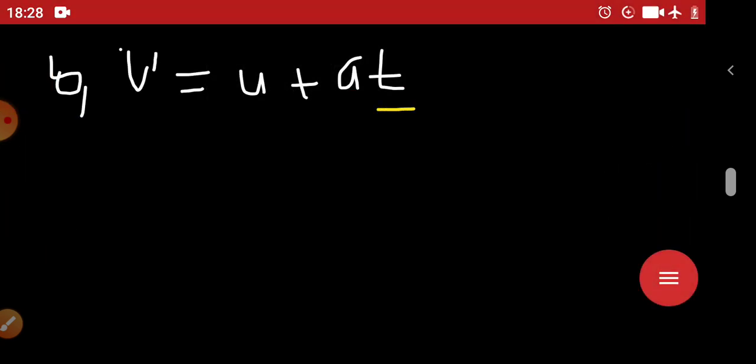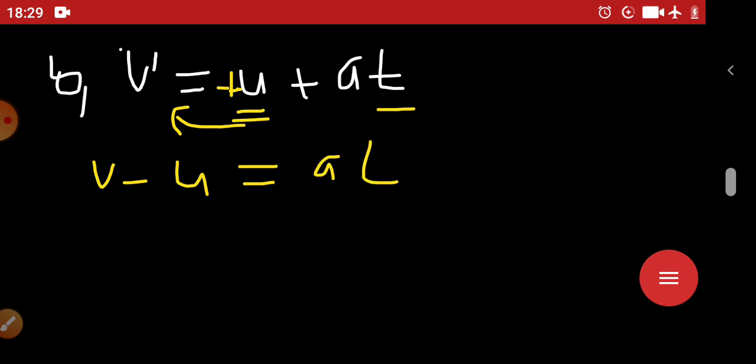First of all, to simplify our problem, we need to take this to that side. So we will have v minus u, because here it's positive, so the opposite of positive is taking a negative. So this will be equal to at.